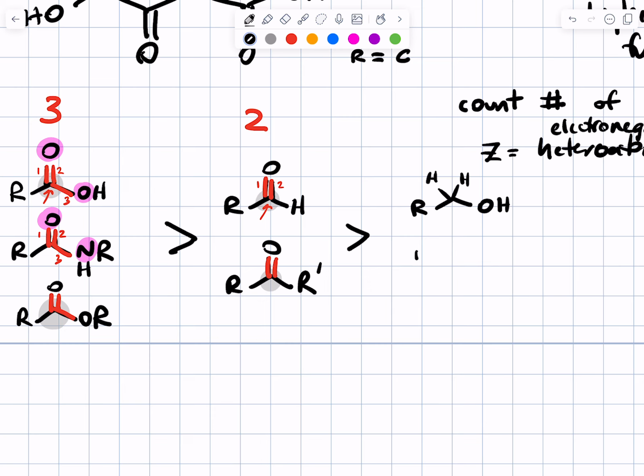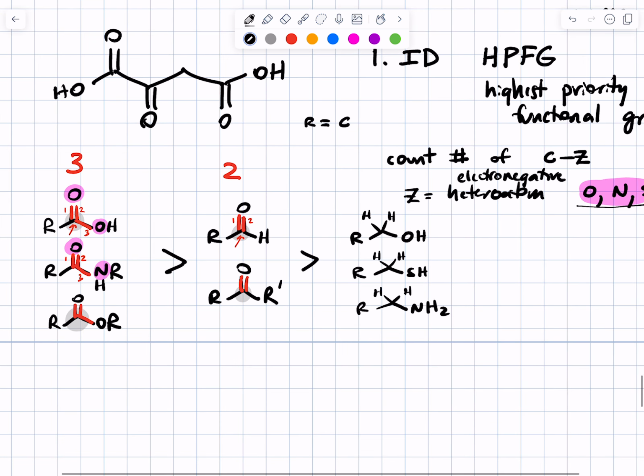And therefore it would stand to reason that an alcohol or a thiol or an amine should be lower in priority than a ketone or an aldehyde. Same thing with an ether, actually. It should stand to reason that all of those would be lower in priority because each of these only has one bond between the central carbon of the functional group and an electronegative heteroatom.